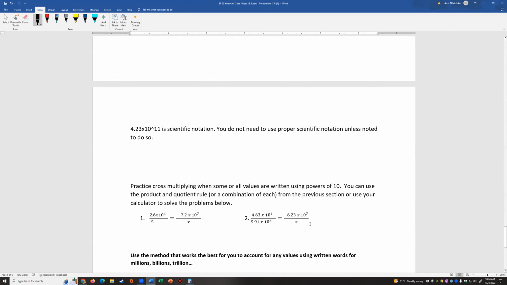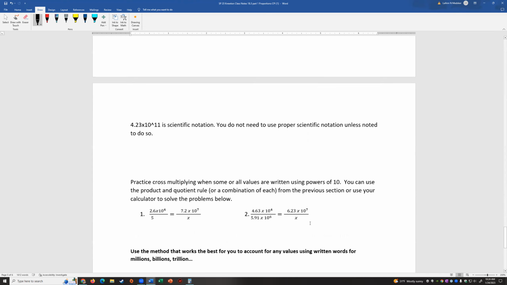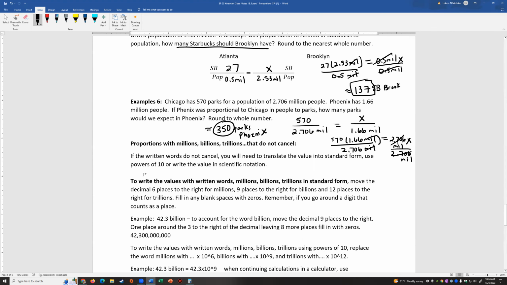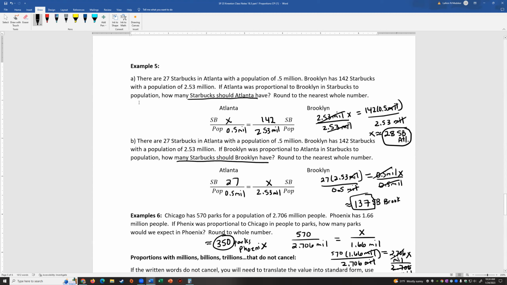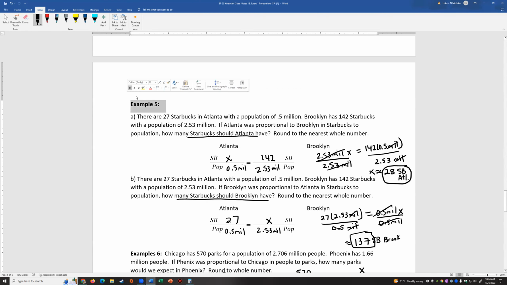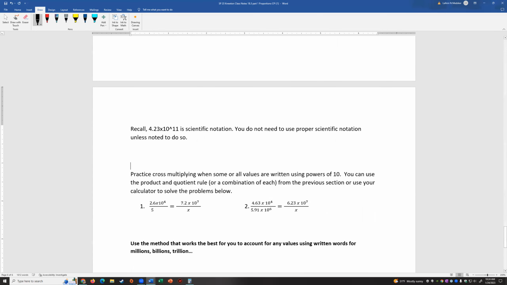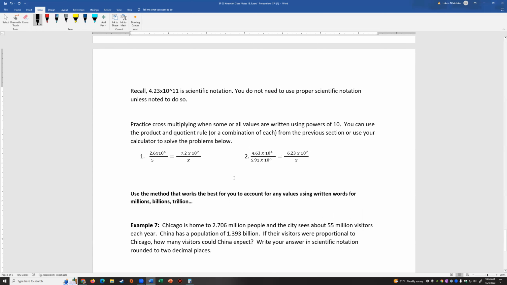So I'm going to jump down to an example here. I think this was supposed to all be on the same page, but it didn't get that way. So just to practice before we do any word problems, we're going to try to cross multiply with some scientific notation.